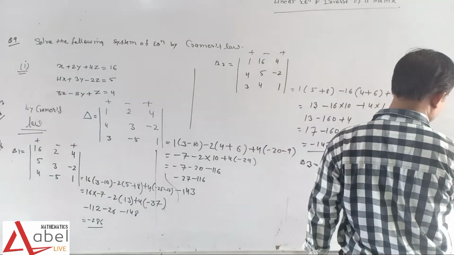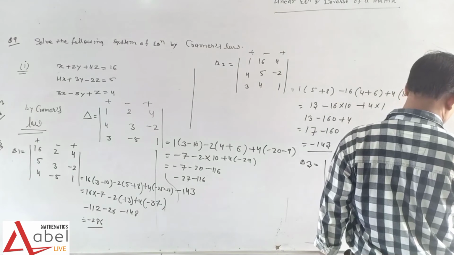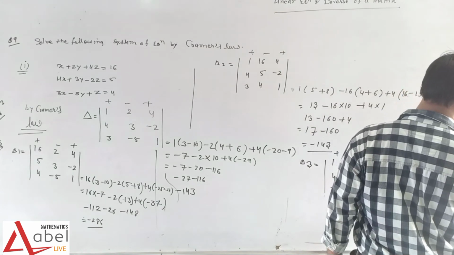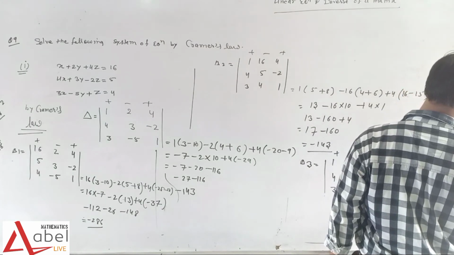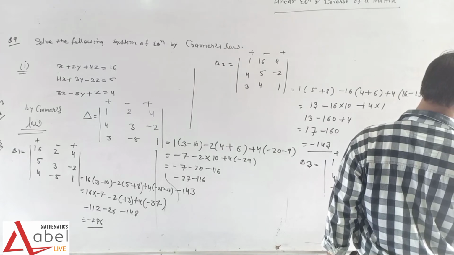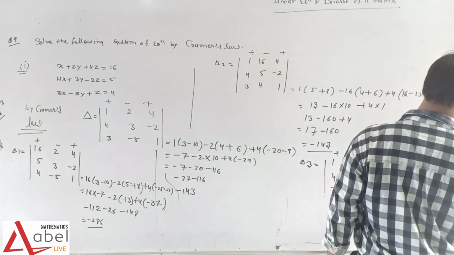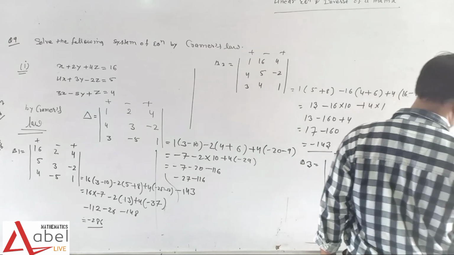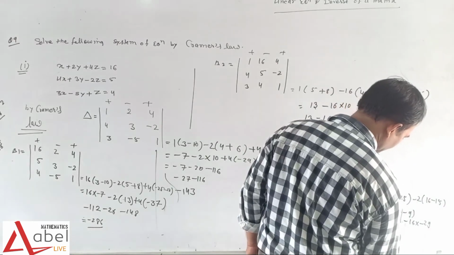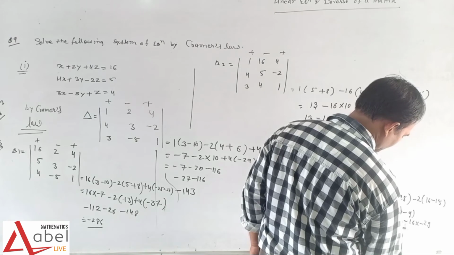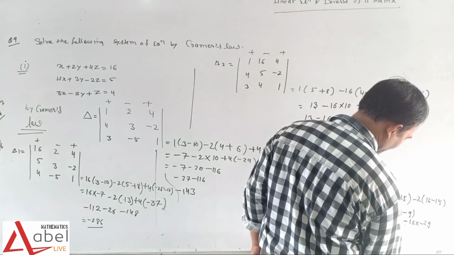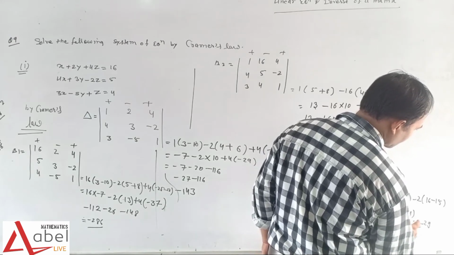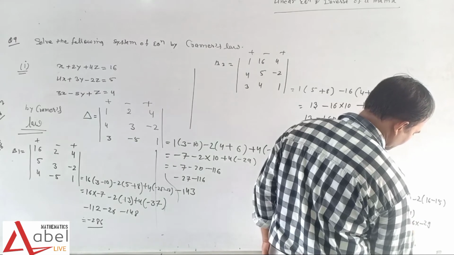So we can say that it is 464, it is 37 minus 2, so we can say that it is 35 and it is 464.